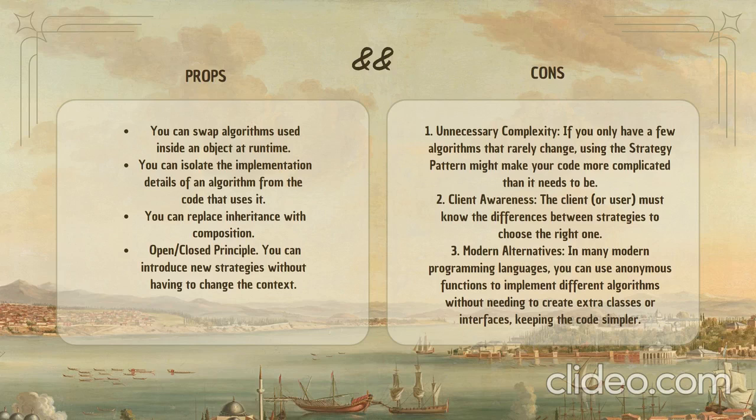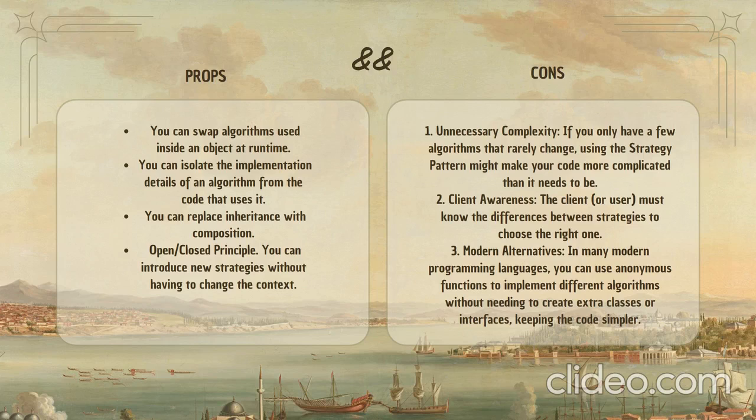The client or user must know the difference between strategies to choose the right one. 3. Modern alternatives. In many modern programming languages, you can use anonymous functions to implement different algorithms without needing to create extra classes or interfaces, keeping the code simpler.